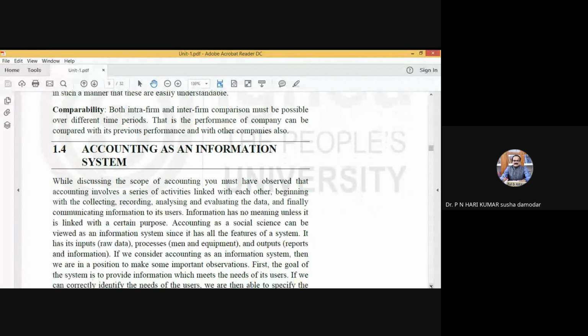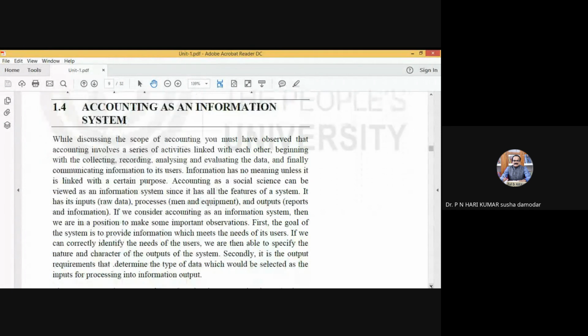So next, accounting as an information system. In all the definitions of accounting, we can say that this is information, the quantified result of business events or economic events, and there will be inputs, that means raw data, which are processed, and there will be output.